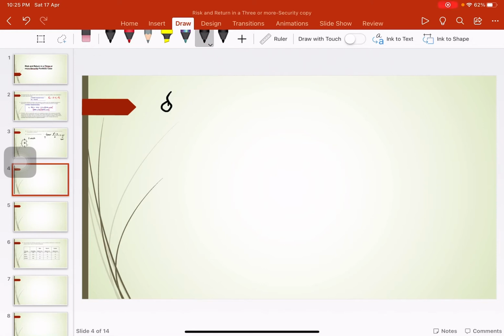So I write the formula once more here. The standard deviation of the portfolio for the 3 assets is equal to weight A squared variance A, plus weight B squared variance B, plus weight C squared variance C. Nak senang nampak kita buat kat bawah.